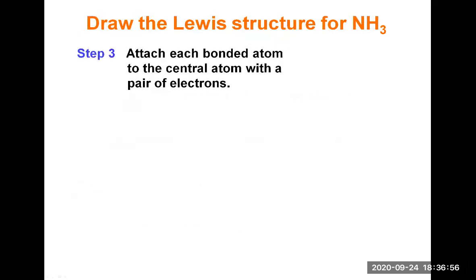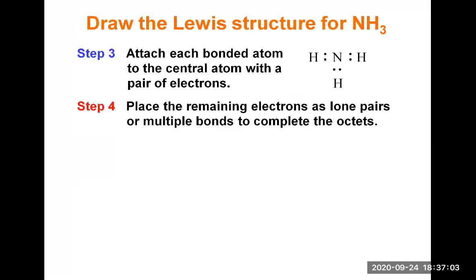Next, you want to attach each bonded atom to the central atom with a pair of electrons. Then you want to place the remaining electrons as lone pairs or multiple bonds to complete the octets. So here we need to calculate how many electrons we have left. We started with a total of 8. We used 6 with those 3 single bonds.